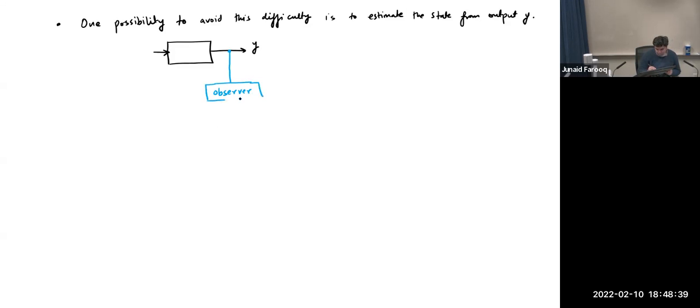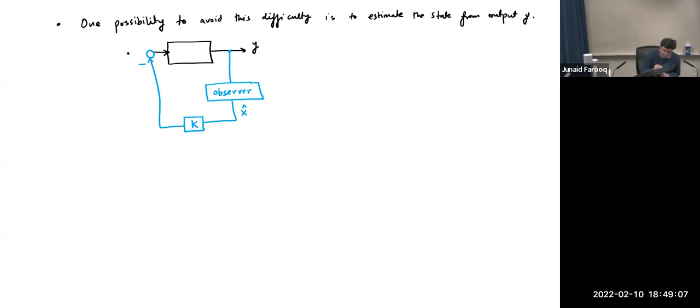An observer is a system that can construct an X hat. It will give you an estimated internal state of the system, and with that X hat, you can use a K and feed it back to the system.